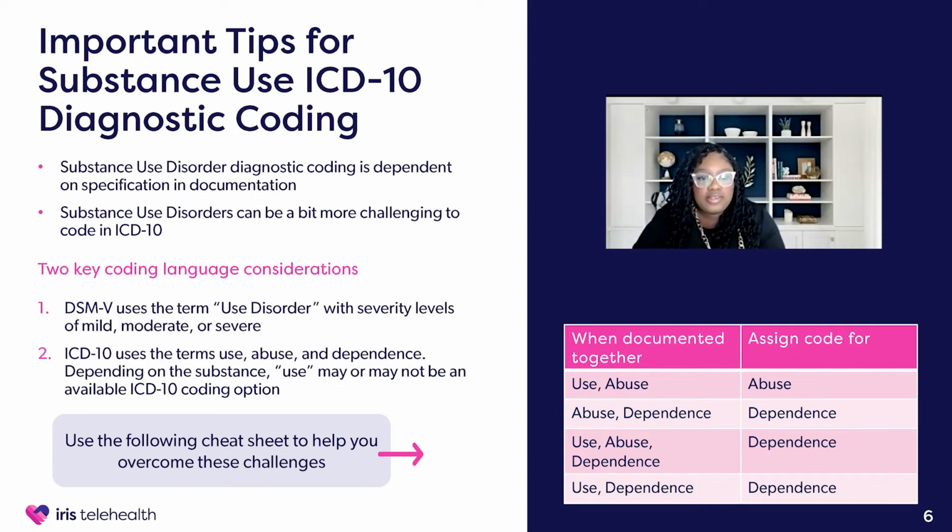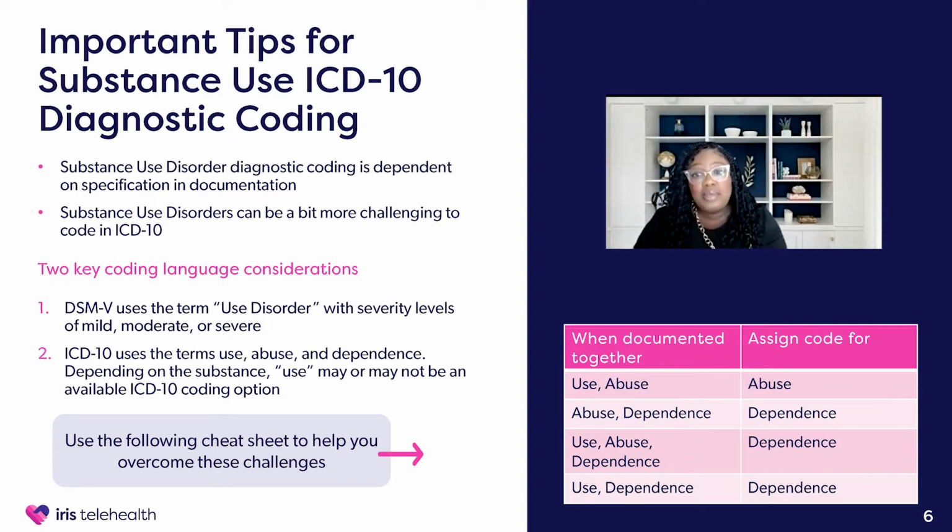So you want to make sure, and then certain codes, I will also say, may or may not have the use coupled with it. And use is the lowest severity, okay? So as you look at this diagram here on the bottom right, use and abuse, those are two of the lowest severity levels.